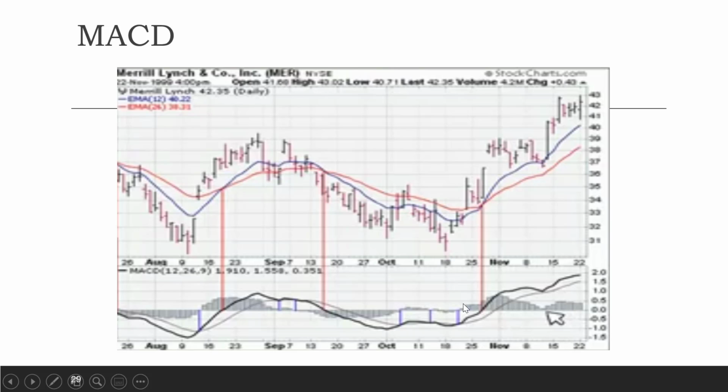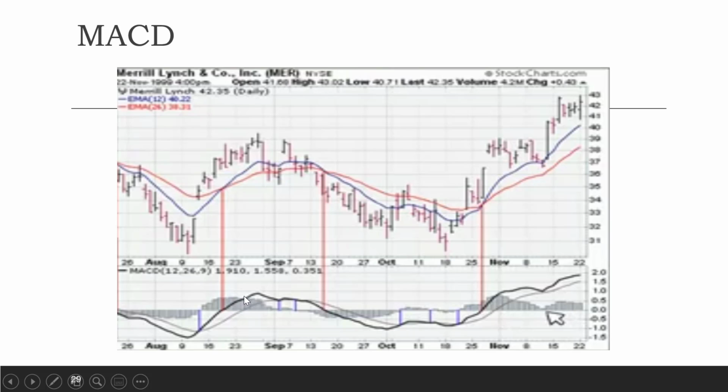Exactly. Here also there is a crossover, but it has crossed over down. So here the MACD line has crossed below the center line. Again here, the MACD line has crossed over the center line. The two moving averages crossed each other, and the shorter term moving average has crossed over the longer term moving average, and it has crossed over the center line.